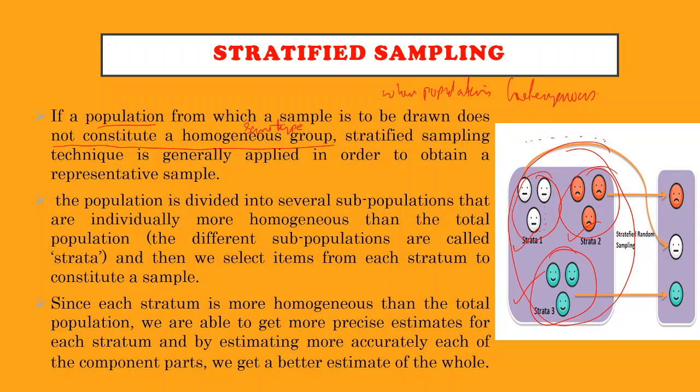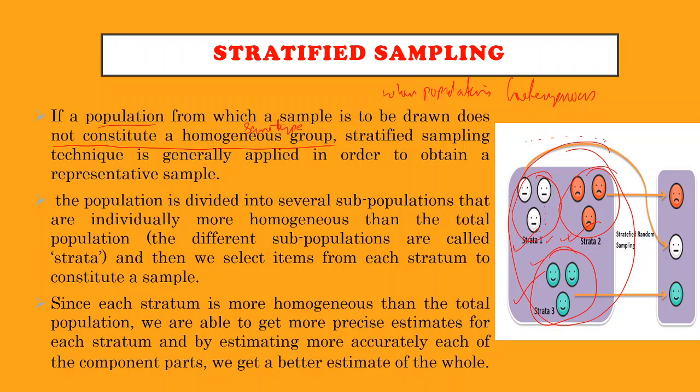But if we take strata 1, strata 2, strata 3 together, they contain heterogeneous items, but within a stratum, they are homogeneous items, right? That is what you need to be familiar with. Stratified sampling is done when the population is heterogeneous, and from this heterogeneous group you need to get homogeneous items.